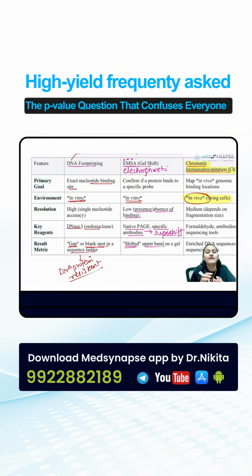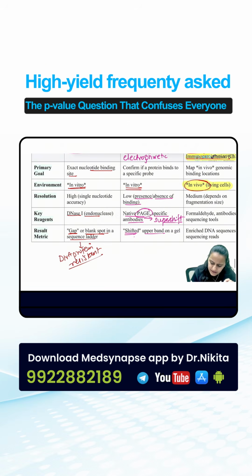You see that the movement is slow. Is this clear with everyone? Remember that DNA bound to protein will have slow movement on electrophoresis. It just tells you whether binding is there or not, so the resolution is low. DNA footprinting is high because it tells you the exact site.